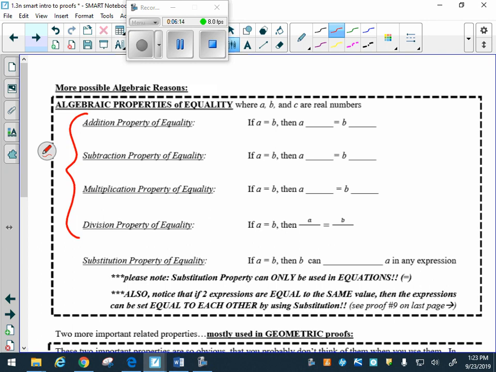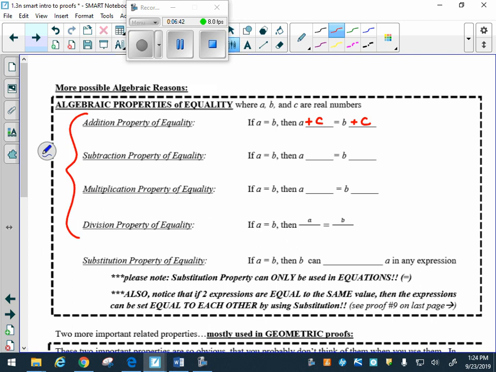So all these are properties of equality, because if you have an equation, this equal sign says the left side is exactly equal to the right side. So what the addition property of equality says is that you can add the same exact thing to both sides, and it's still an equation. It still says that the two sides are equal.